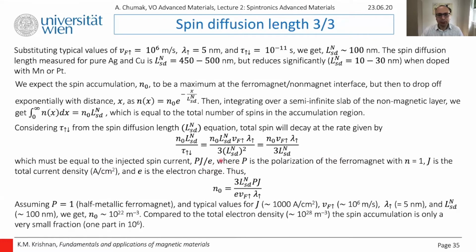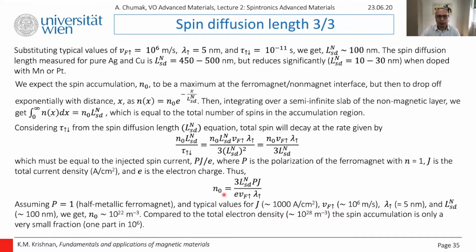Then just make this spin injection equal to spin diffusion, as they should be in equilibrium, and you will get a value for the spin accumulation at the interface.